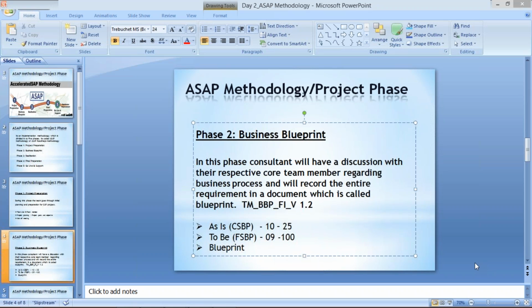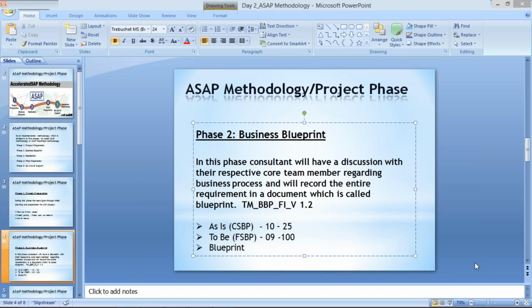Functional consultants means SD, MM, HR, FI, which means finance, and whatever other modules are there, PP, QM, and others. For every module a blueprint will be prepared, and every consultant is going to do the same activity which I have just explained, simultaneously. We are going to have interaction with our CTM, the core team member who is a representative of the finance team.